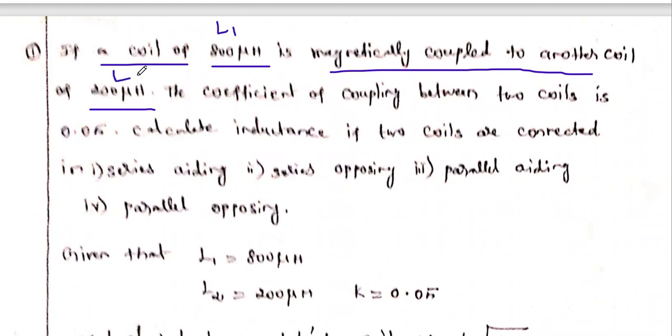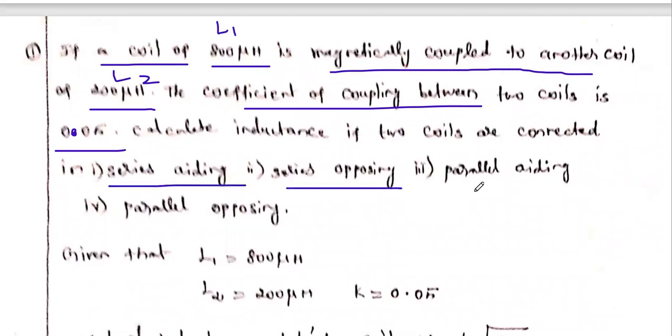The second coil is 200 microhenry. The coefficient of coupling K between the two coils is 0.05. Calculate the inductance if the two coils are connected in series aiding, series opposing, parallel aiding and parallel opposing.